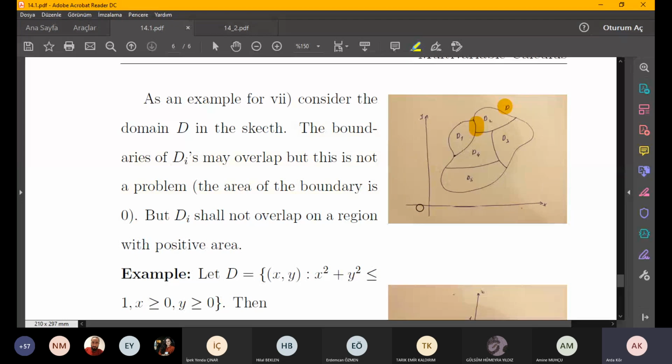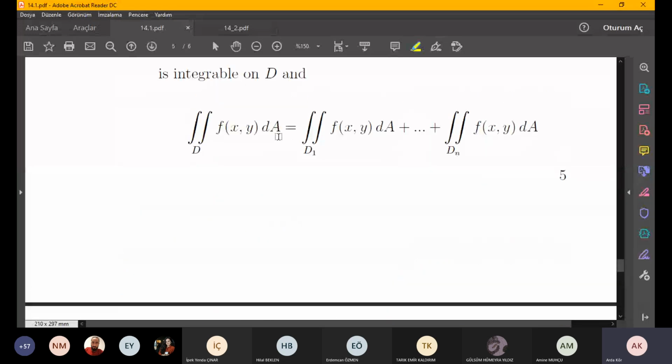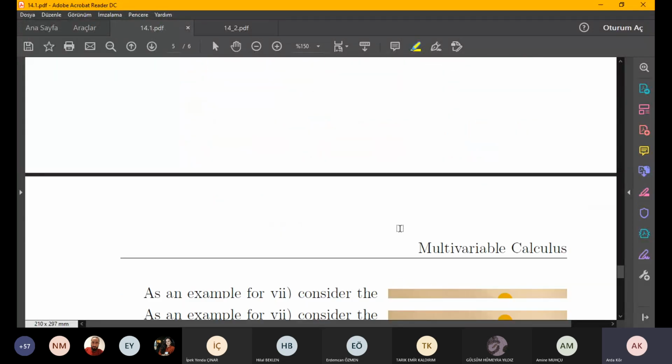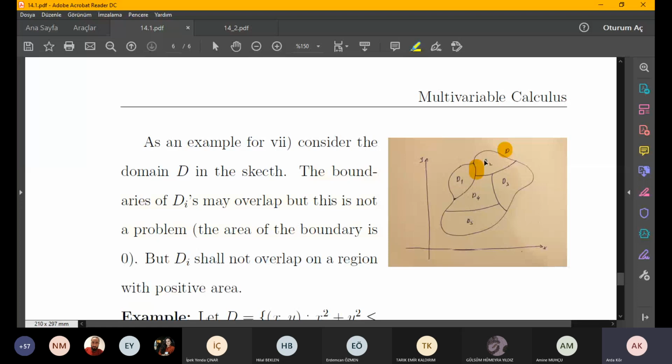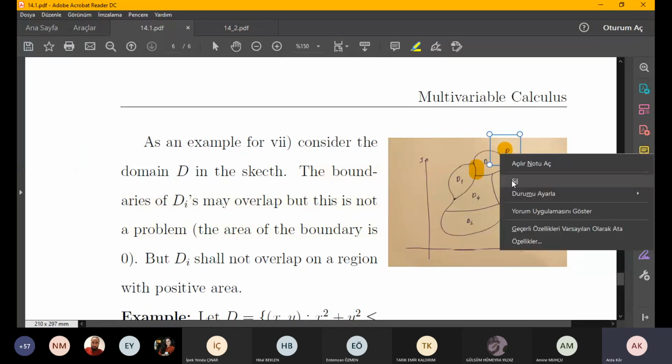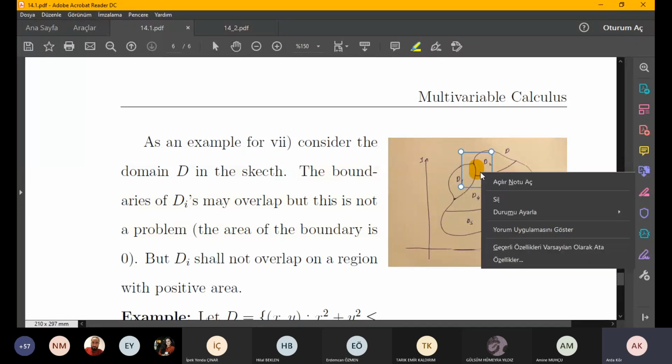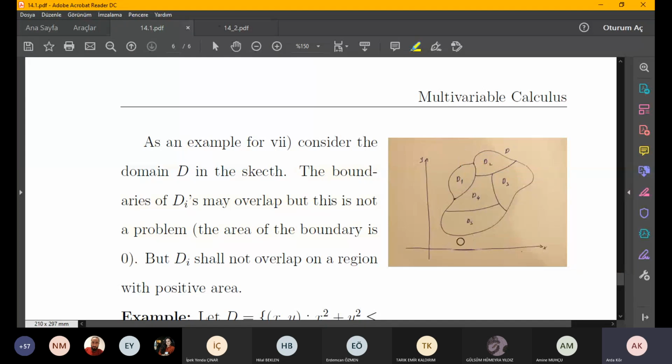That means we can compute the double integral over D as we expressed here. So for example, for this sketch, the double integral of f(x,y) over D will be equal to the double integral of f over D1 plus over D2 plus over D3 plus over D4 and plus over D5.